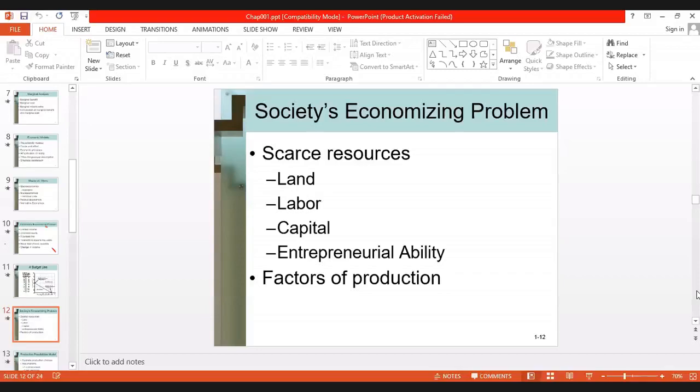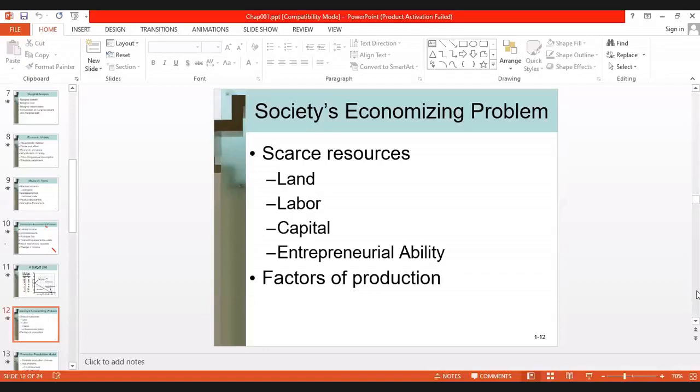Money, for economists, is not any of these resources. Money is not capital, just paper. Normally when we say capital, we mean capital is money, but for economists, capital is a man-made product.